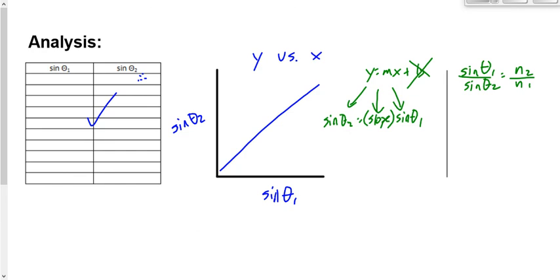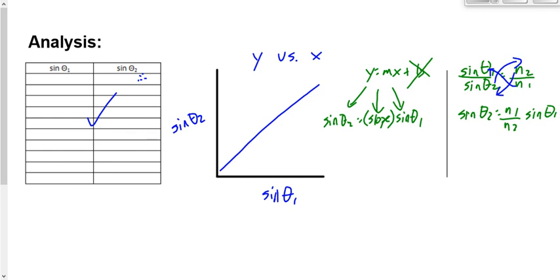Take the same form. Sine theta 2 has to go to the top by multiplying. n1 goes up to the top by multiplying, and n2 goes down by dividing. Lots of things going on there, but what we end up with is this: sine theta 2 equals n1 goes up, n2 goes down, times sine theta 1.